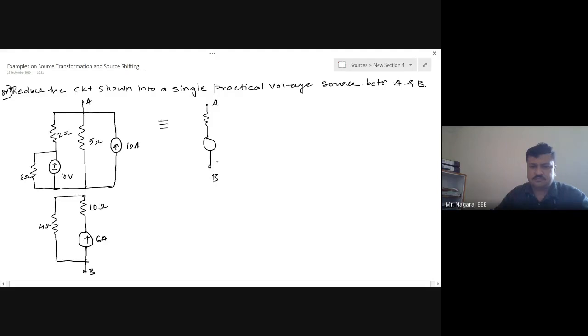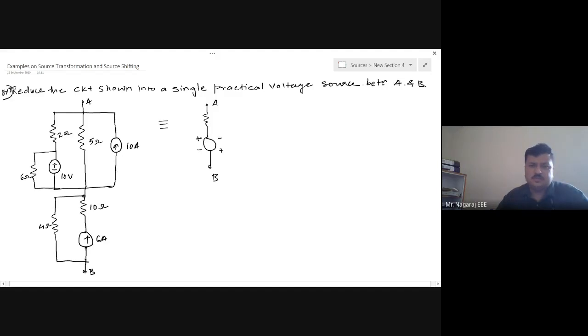It can be plus or minus, I still don't know what comes at the end. Either plus can be up and minus down, or minus up and plus down. Any of these two possibilities will come out. So I have to reduce this entire network into this equivalent source.